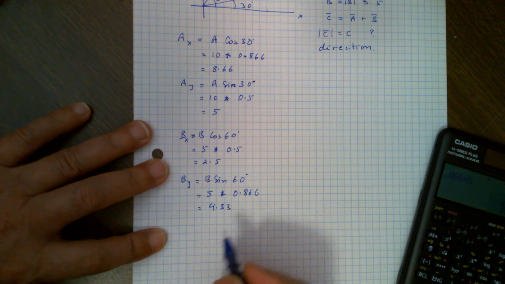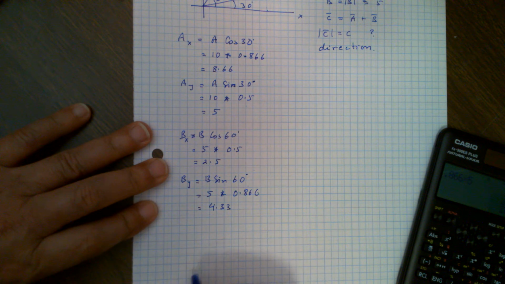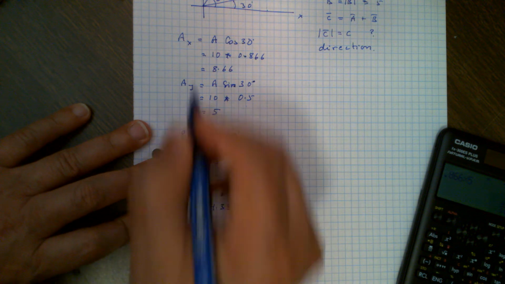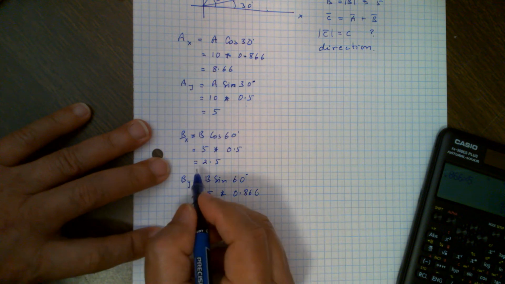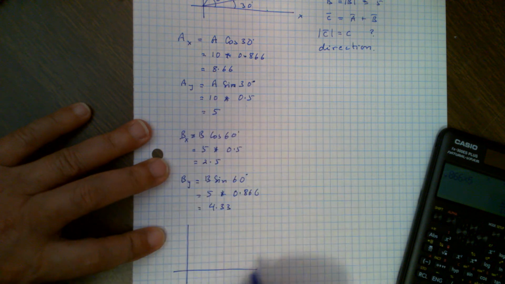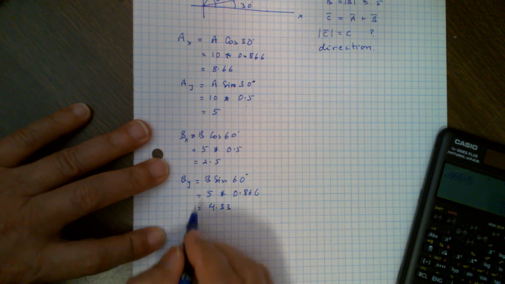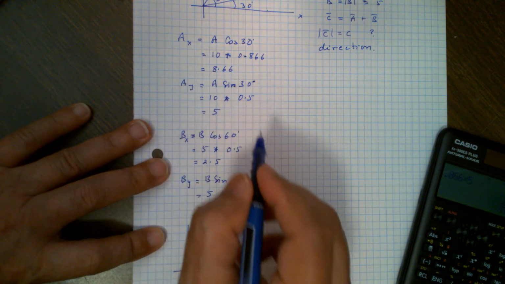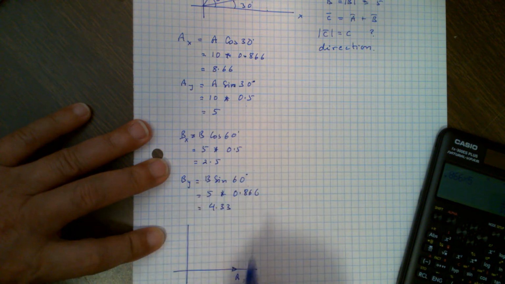So now I get both AX and BX and AY and BY. Now if you look at that in the vector decomposition way, look at this. AX is 8.66, so it's about this big. That's AX. And BX is 2.5, so a little bit shorter.